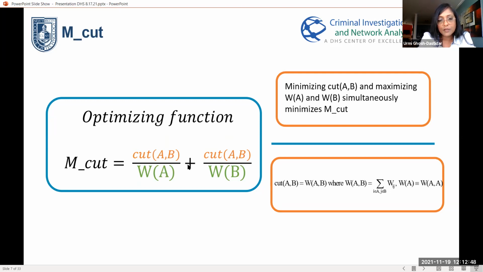If we want to lower the similarities between 2 clusters, we want to minimize cut of AB, which means we want to minimize the communication between the two different clusters A and B. At the same time, we want to maximize the similarities within the network, so we want to maximize WA and WB, but minimize cut of AB. Both goals can be satisfied by minimizing MCut.